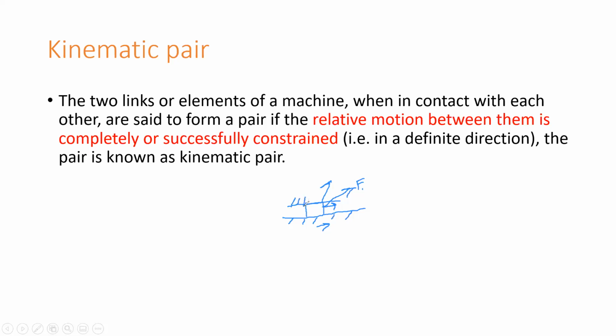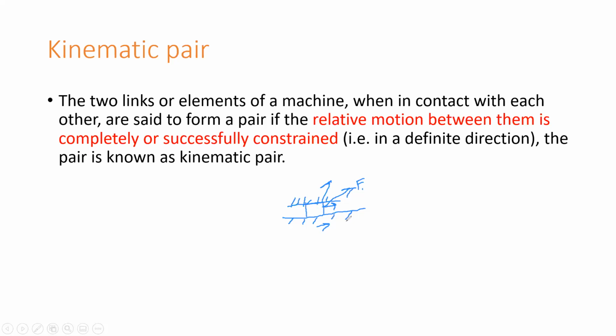Now I have completely blocked the motion of the block in any other direction. Whenever it tries to move in this direction, this surface will stop it, right? Now you can say that this block is constrained to move only in the x direction and not in any other direction. So you can say that the motion of the block is constrained motion.